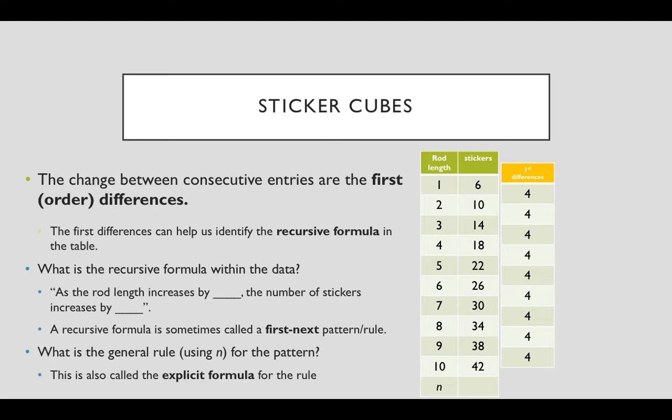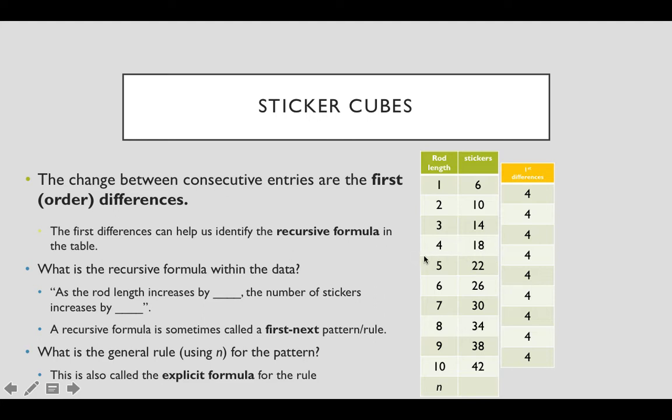So if we understand that when there are 2 cubes in the rod there are 10 stickers, and we know that every time we increase the rod length by 1, the number of stickers is going to increase by 4, we can continue generating numbers for this table.